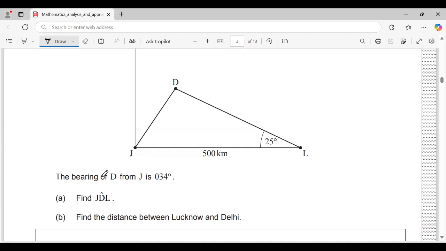The bearing of D from J is 34, not 0.34, but 34 degrees. So this is 34 degrees. And if this angle is a right angle, we can calculate this angle DJL.